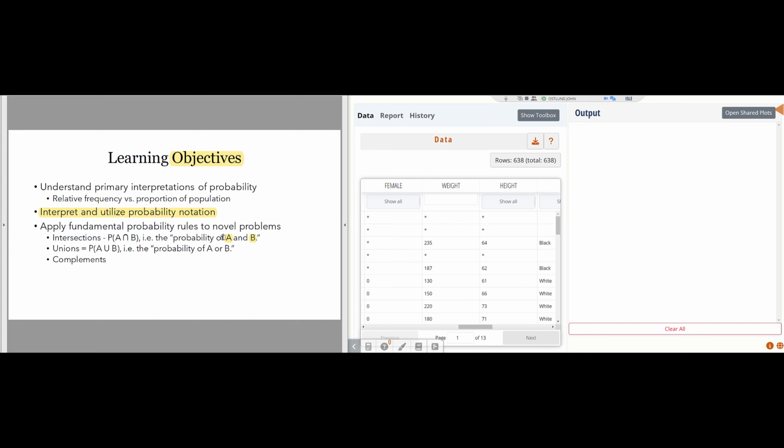So if we think in terms of rolling a die, a six-sided die that is fairly balanced, so that there are equal probabilities of each of the six possible sides coming up. When you roll the die, the possible outcomes are that you roll a 1 or a 2 or a 3 or a 4 or a 5 or a 6. Those are the only six possible outcomes.